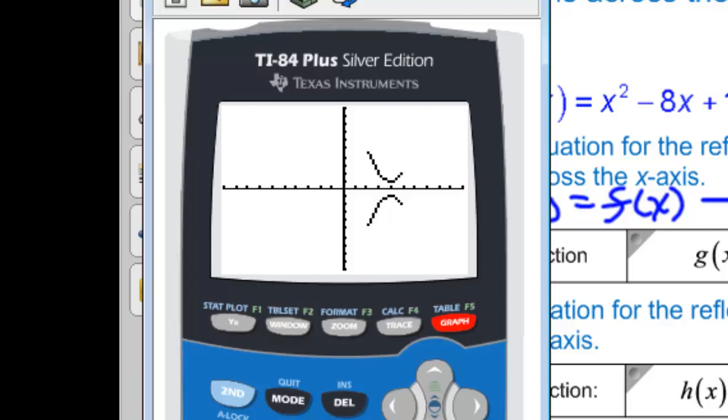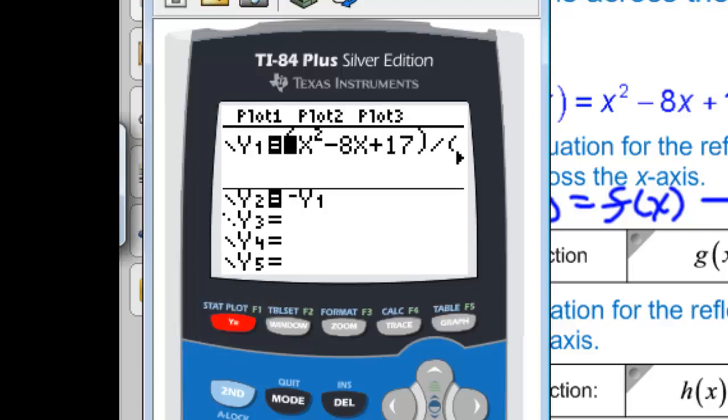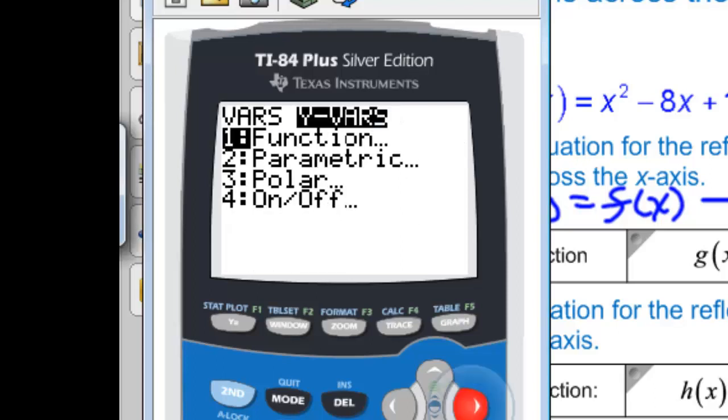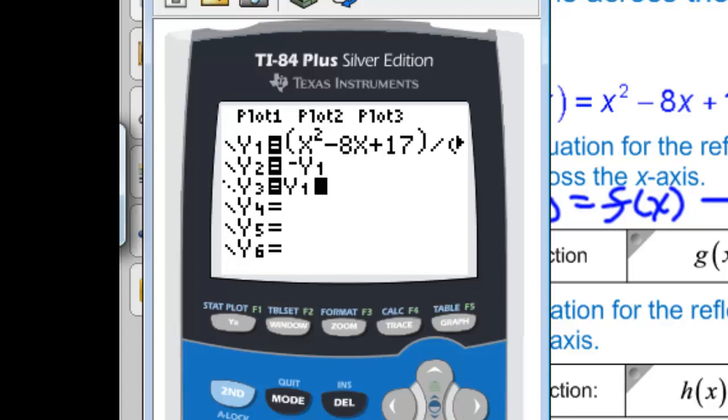Now let's figure out how to reflect across the y-axis. Here we're going to take our original function, but now we want to make that replacement for the x values. So we'll take advantage of the function notation again. I want to use the function in y1, but I want y1 of negative, not minus, x.